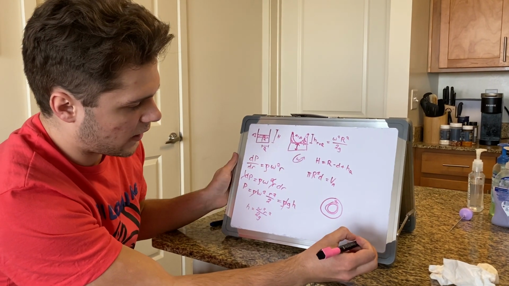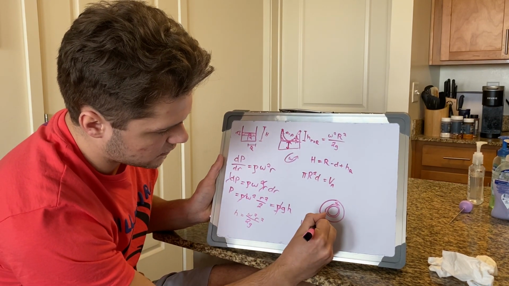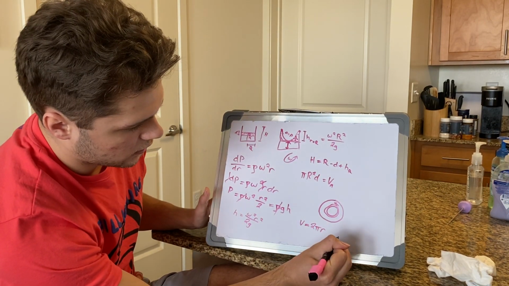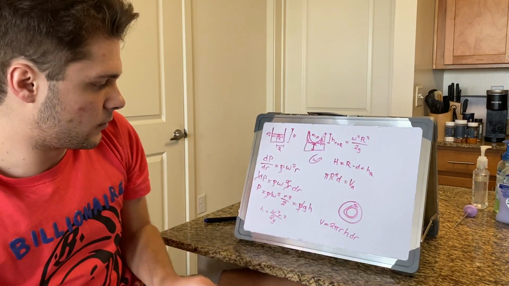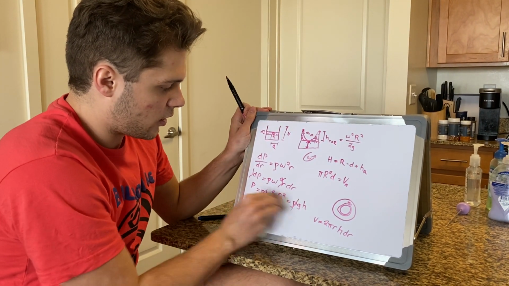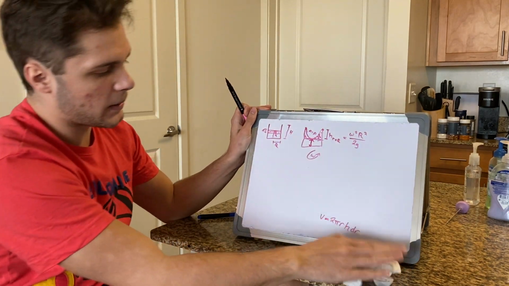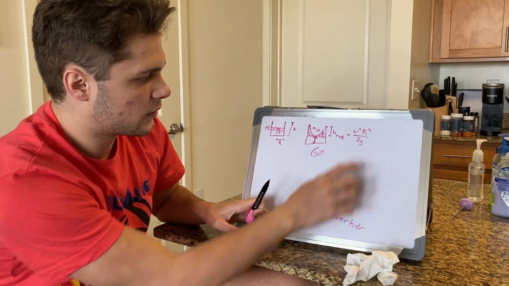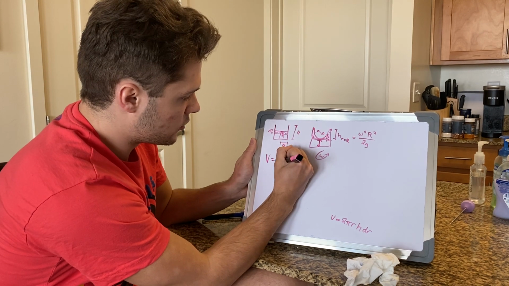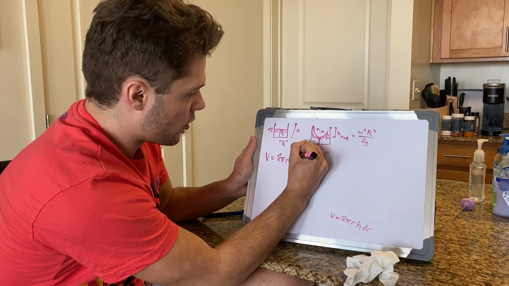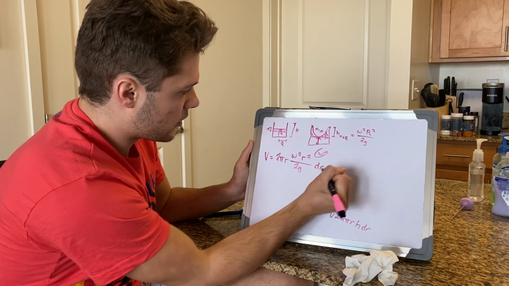So we're going to have our volume is going to equal the circumference, so 2 pi r, times the height times its thickness. And then we're going to be able to substitute our h's for this. So we get our volume is going to equal 2 pi r omega squared r squared over 2g dr.